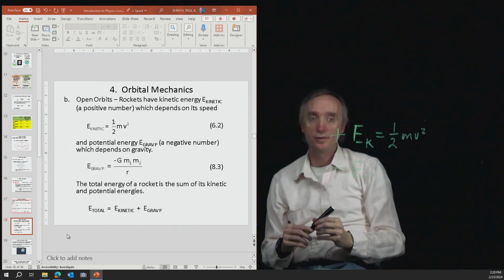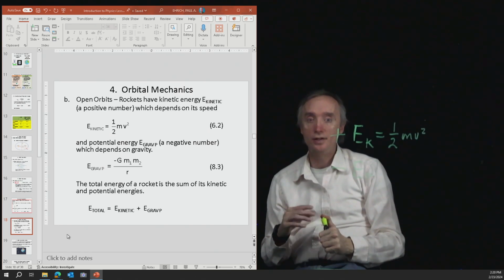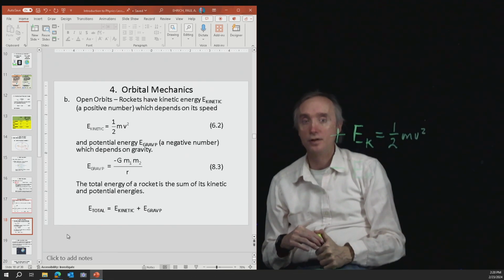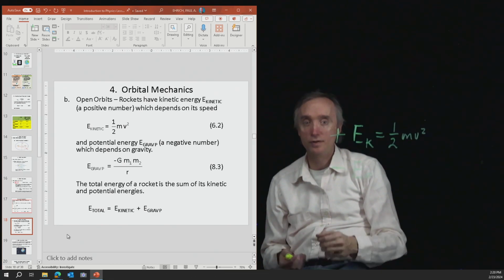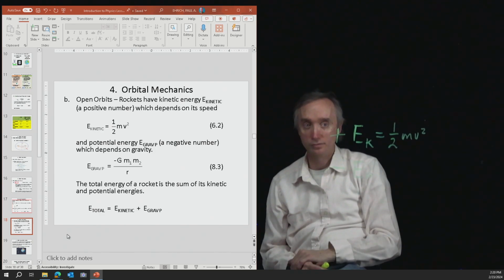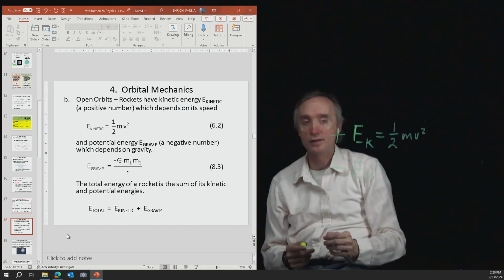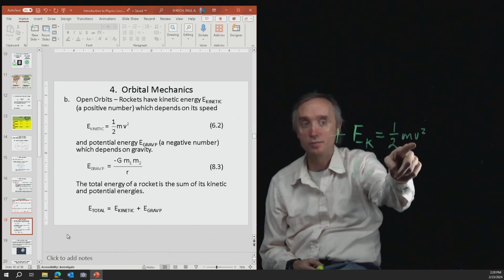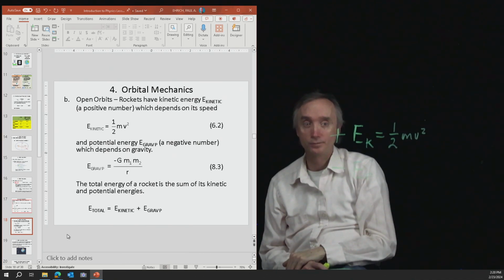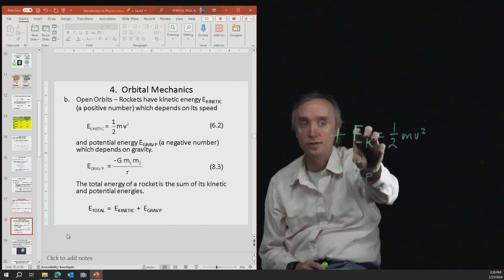Then we learned that when energy is conserved, we add together the two energies. The kinetic energy plus the potential energy is equal to the total energy. A rocket ship has kinetic energy because it's moving, and it has potential energy because it's a certain distance from whatever it's orbiting. So we put these two numbers together.